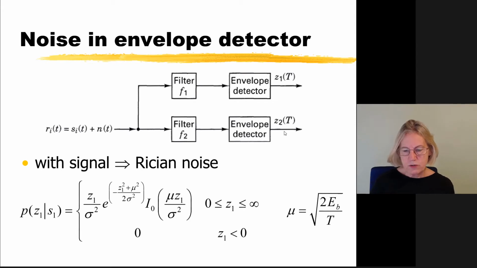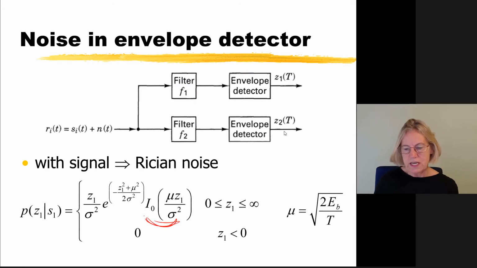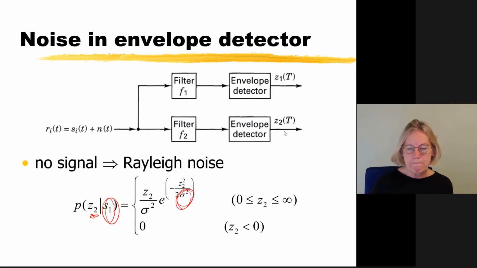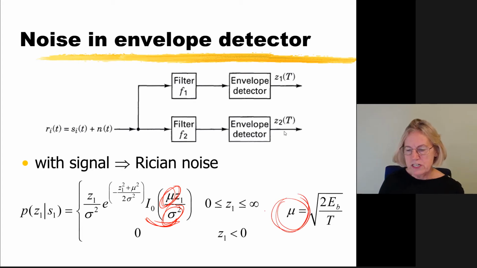So the Ricean distribution uses the Bessel function that you see here. And we see two parameters in the Ricean form. Let me go back here to the Rayleigh one. In the Rayleigh, there was one parameter, which was the variance. But in the Ricean, we have the variance and a second parameter, which is this mu, which I tell you is the square root of EB over T. So this has to do with the amplitude of the signal as it's going through the envelope detector.